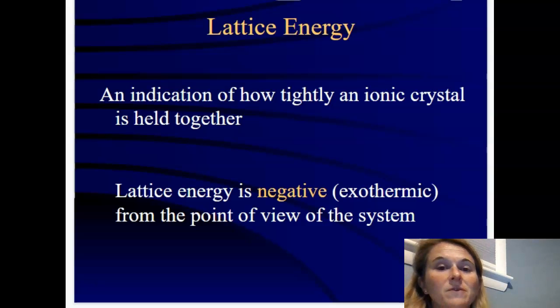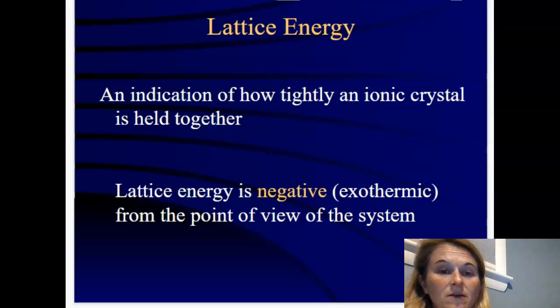So we have to be careful, because when we look at a bond from the point of view of the bond, it is giving off heat if it's exothermic. And if I'm holding something and it gets hot, I'm looking at it as I'm absorbing the heat, right? So we have to make sure that we're looking at it from a specific point of view.